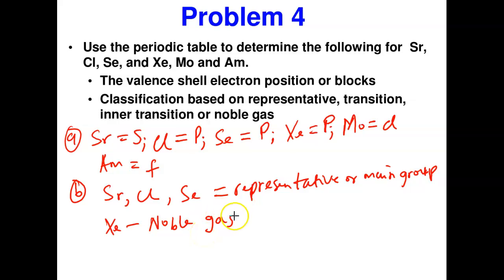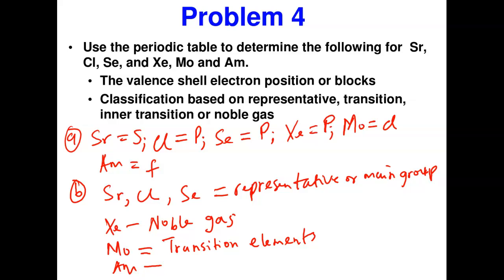And then what else? Molybdenum. If you look at molybdenum, it is in the D block, and those D block guys are called what? The transition elements. And then last but not the least, Am, americium, is located in the castaway box.